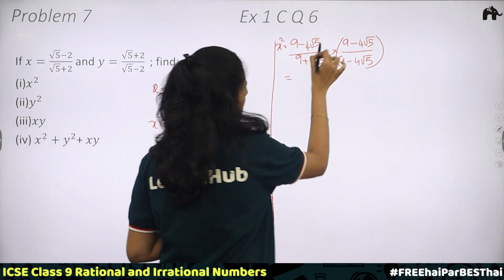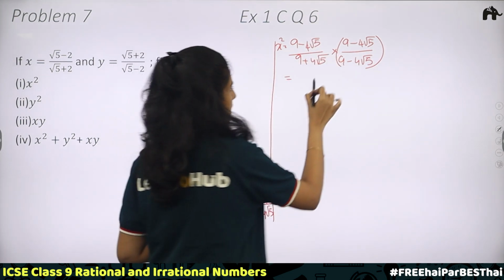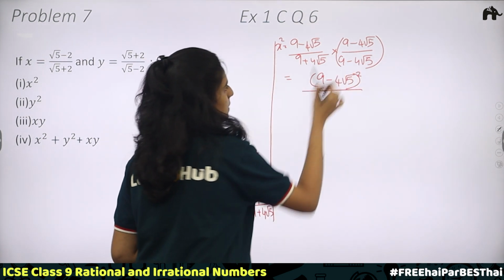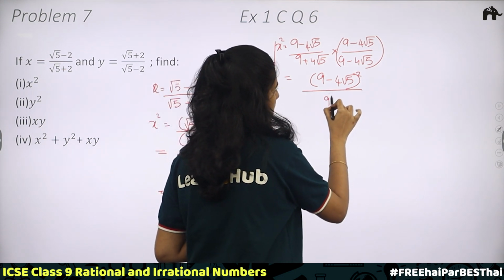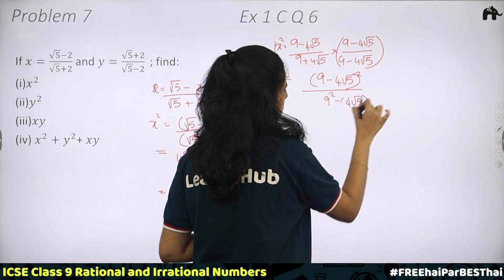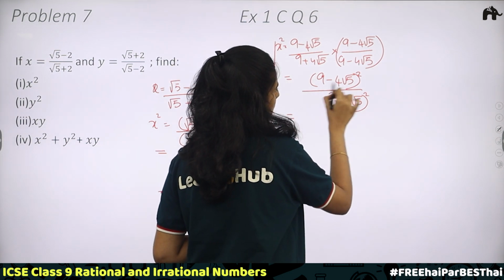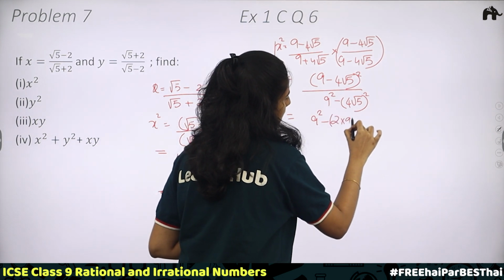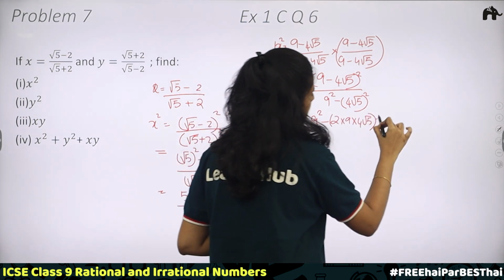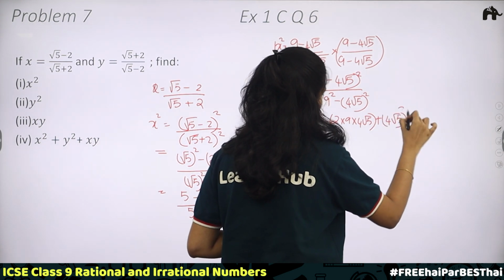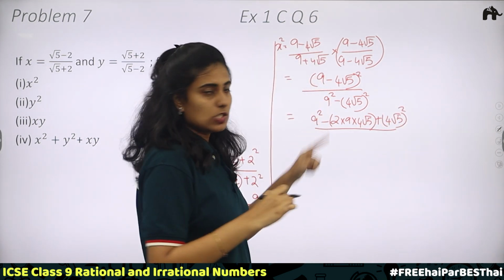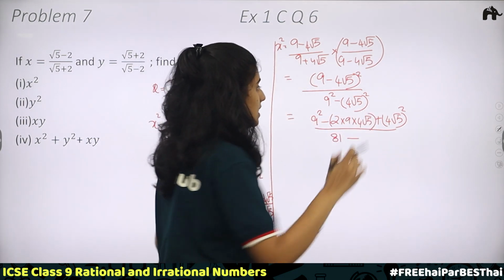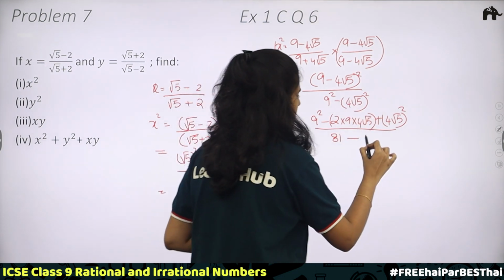We get (9 minus 4 root 5) into (9 minus 4 root 5), that is (9 minus 4 root 5) whole square, divided by (a plus b) into (a minus b), that is 9 square minus (4 root 5) whole square. Using (a minus b) whole square, it is 9 square minus 2 into 9 into 4 root 5 plus (4 root 5) whole square, divided by 9 square, which is 81, minus 4 square, which is 16, root 5 square is 5, 16 into 5 which is 80.